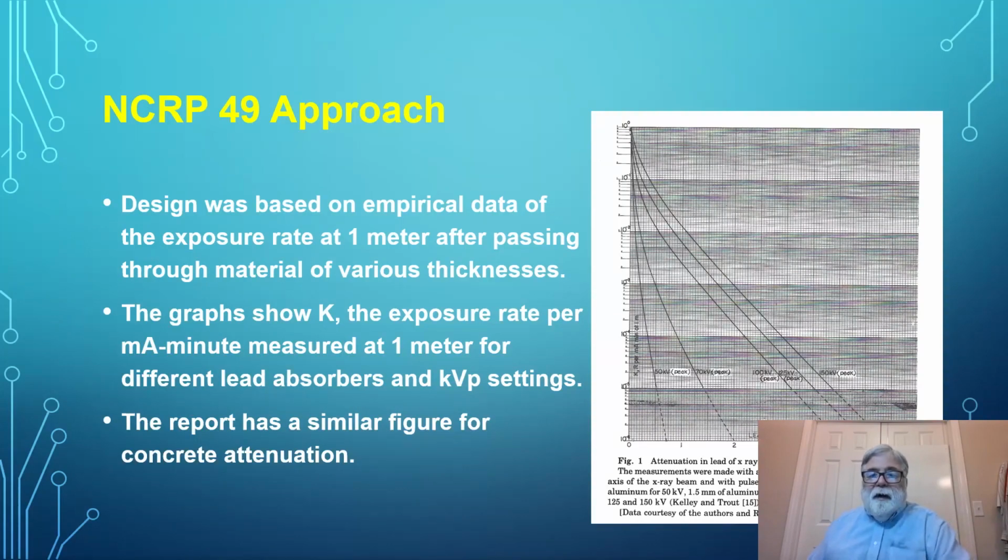That should not be surprising. So the graph shows what fraction is attenuated at what exposure level. This is R per mA minute, so that's tube current time product at 1 meter, and then how that varies with added attenuation.